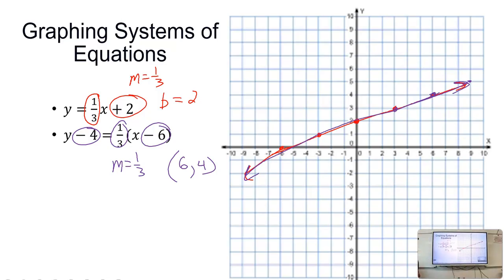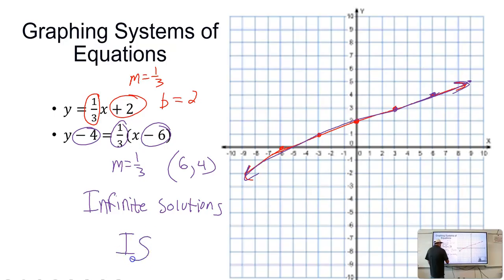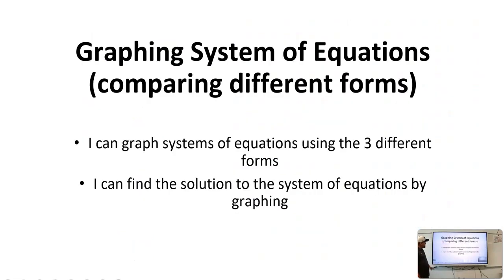So if we get a solution where they're the exact same line, that means I have infinite solutions. Now, if you get one like this on your assignment, you're just going to put capital I, capital S for infinite solutions. So there's a couple examples of how you can find infinite solutions, no solutions, and remember when they cross and they have different slopes, you would just write the coordinate where they cross.